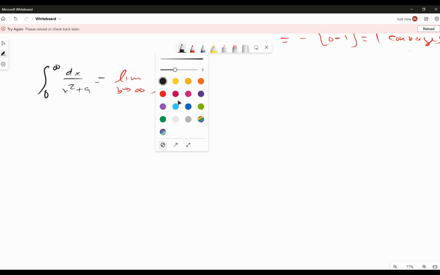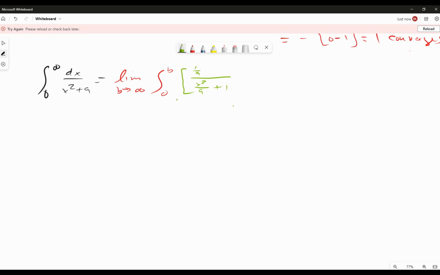Here we go. No, I'm going to do it in a different color. No, I'm going to do it in this one. 0 to b, and that is going to be of 1 over 9 over x squared over 9 plus 1. Okay?